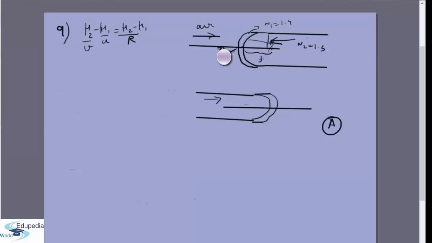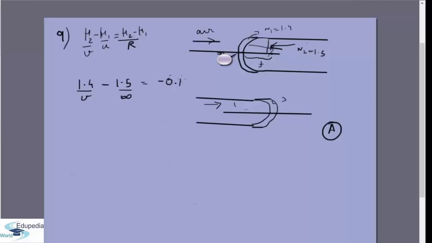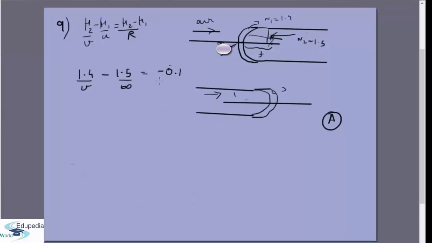Right. So if we do it in this fashion, then initially this is 1, this is 2 and this is 3 now. Right. So mu2 by V, that is 1.4 by V, minus mu1 by U, that is 1.5 by infinity, is equal to mu2 minus mu1, that is minus 0.1, divided by R, but R is also minus R in this case. You see why it might make a problem?